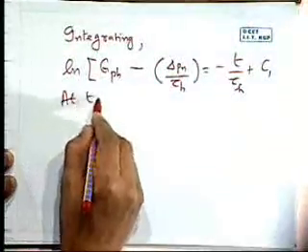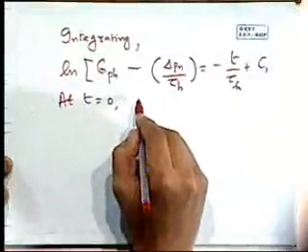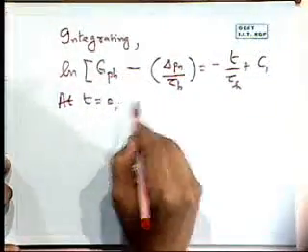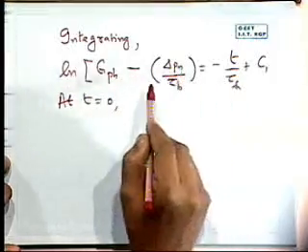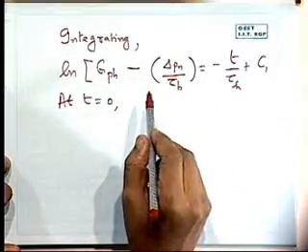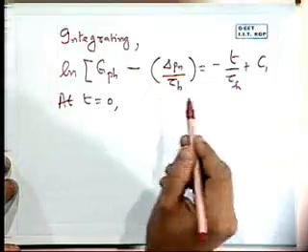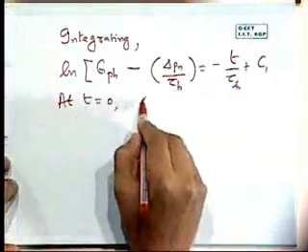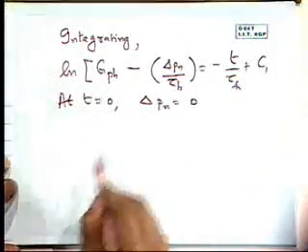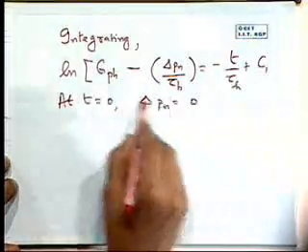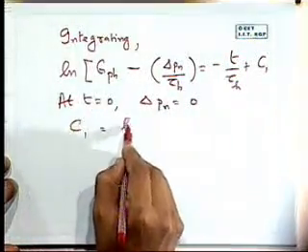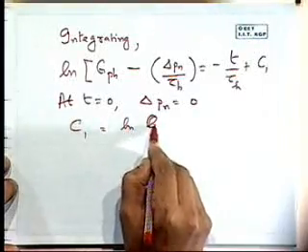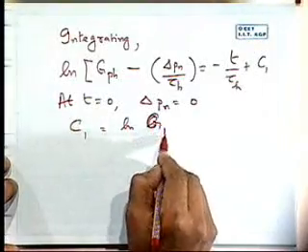So at t equal to 0, what are the excess minority carriers that we have? In other words, what is delta Pn at t equal to 0? It is 0. We just turned on the light. So delta Pn is equal to 0 at t equal to 0. And using that, then we can solve for C1. C1 is equal to ln Gph.